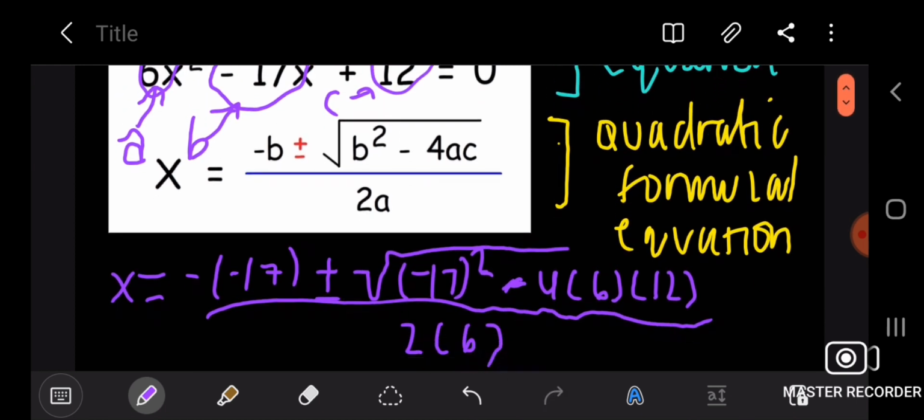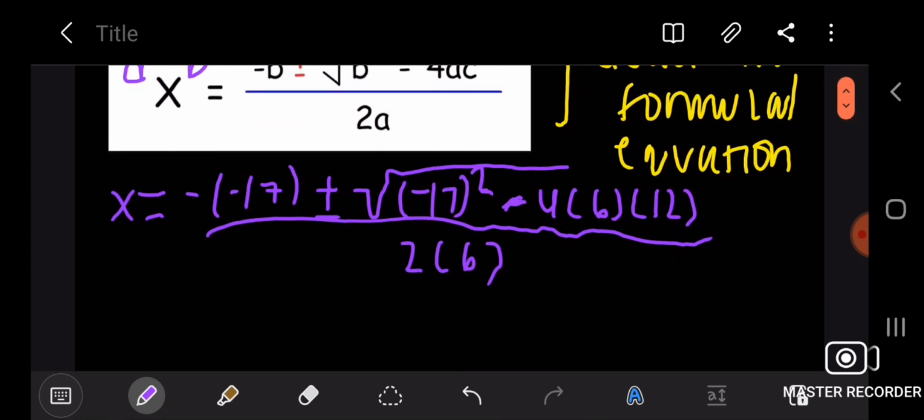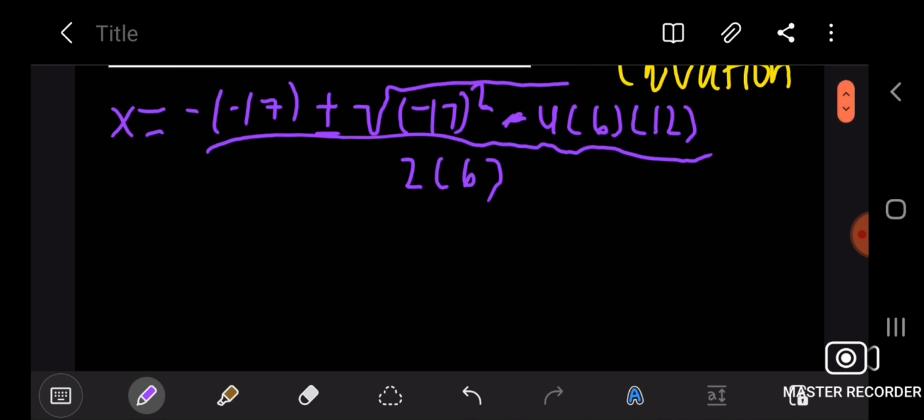Okay, and now we're going to start solving our equation. First we know that a negative and a negative make a positive, so we're going to have positive 17 plus or minus the square root of negative 17 times negative 17.